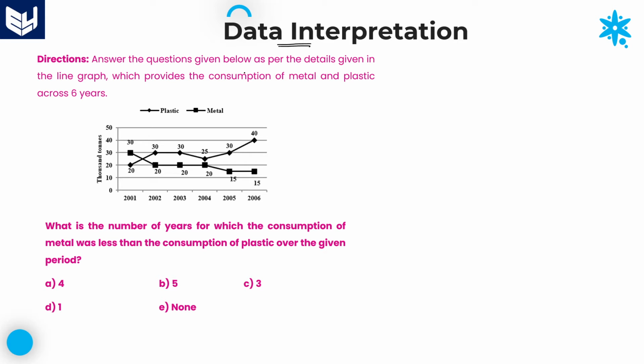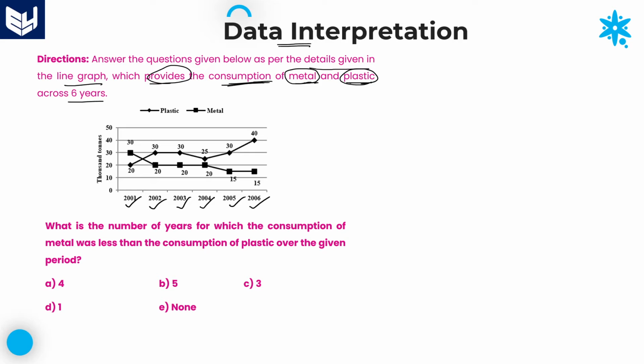Answer the questions given below as per the details given in the line graph, which provides the consumption of metal and plastic. Here we are talking about the consumption of metal and plastic over the years, that is across 6 years, from 2001 to 2006, that is 2001, 2002, 2003, 2004, 2005 and 2006.